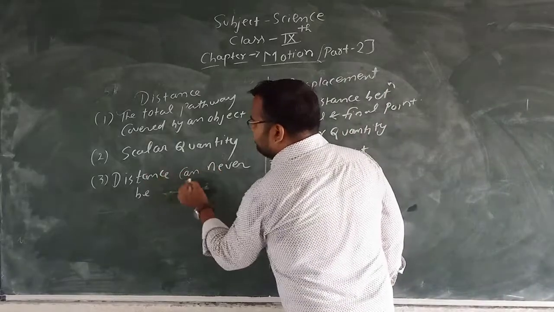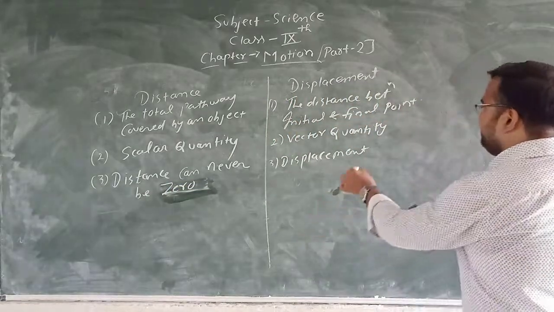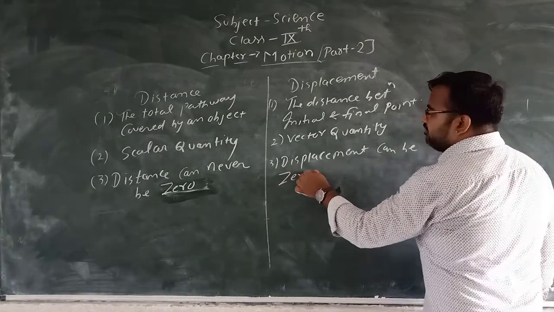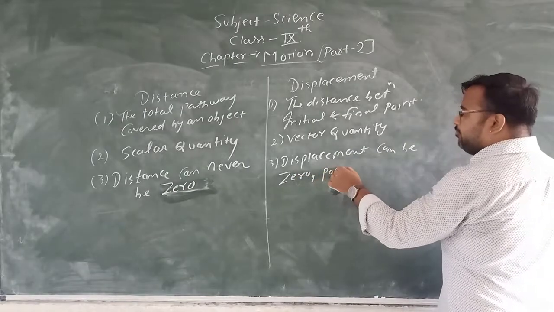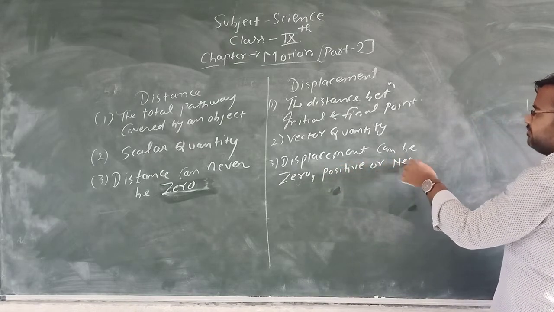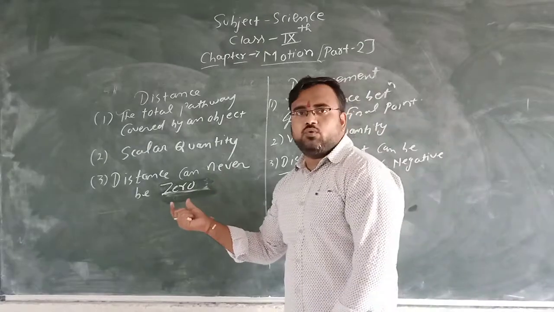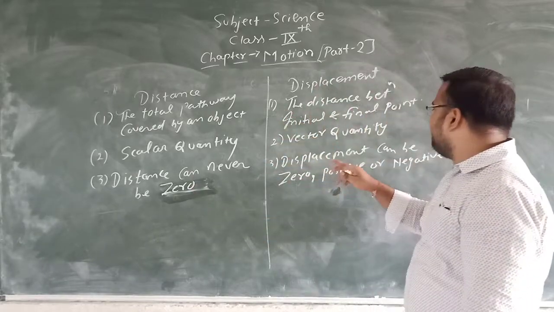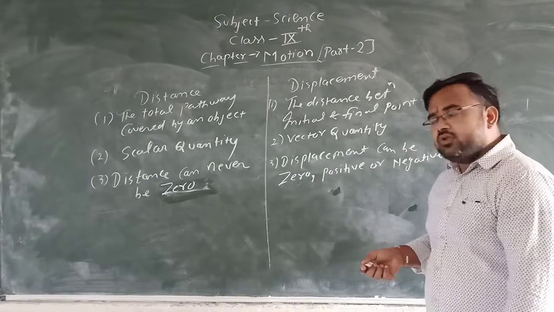Distance can never be zero. Displacement can be zero, positive or negative. See, distance can never be zero, but the displacement can be zero, positive or negative.